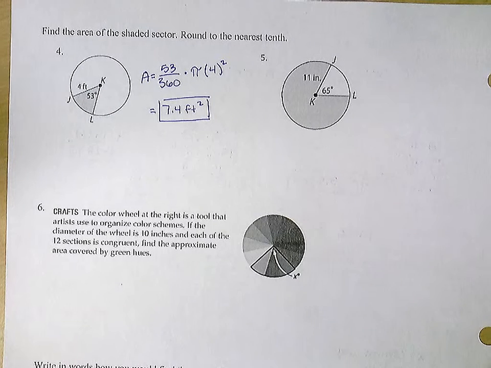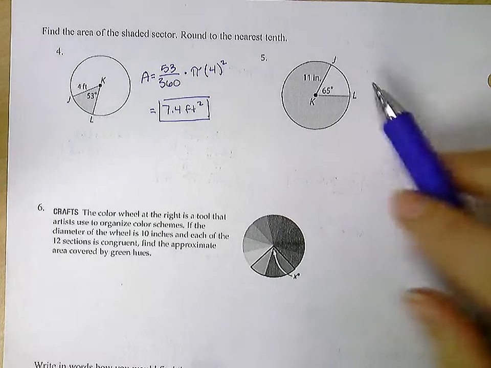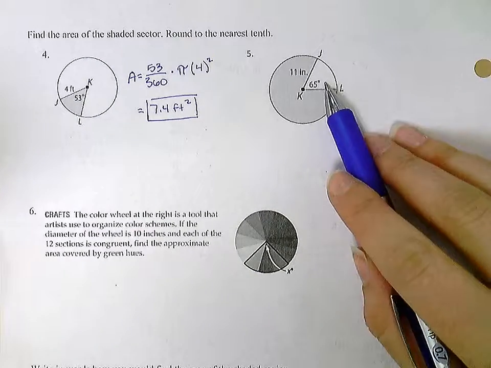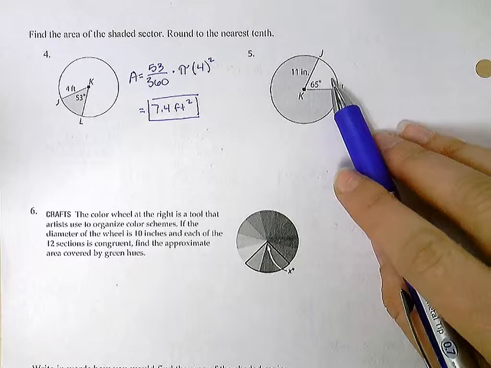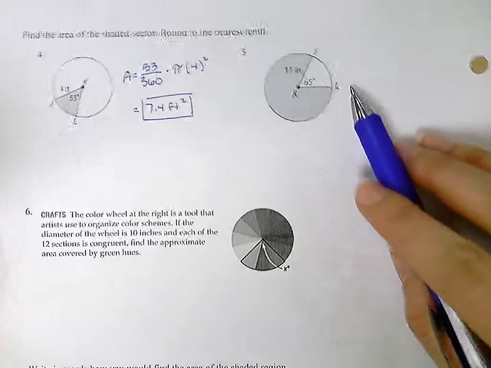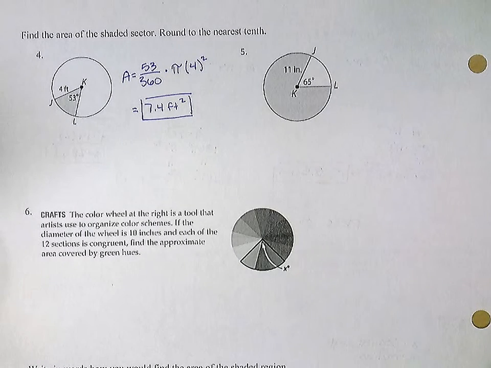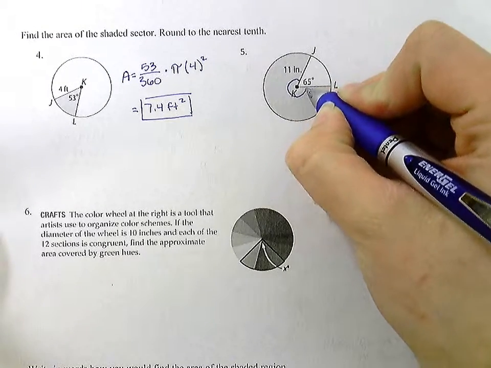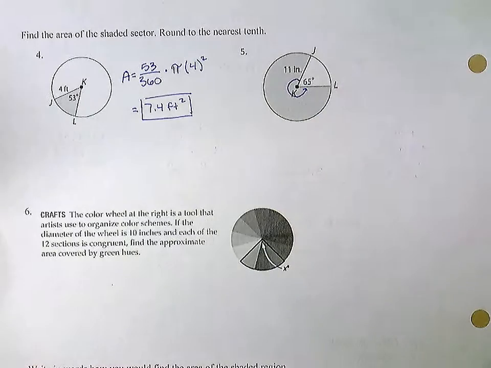Okay, so number 5, we're still finding the area of the shaded sector. In this one, you're given a central angle measure of 65. But I don't want to plug that in as my x value because it's not the shaded sector's central angle. To find that, we need this angle right here that goes all the way around.